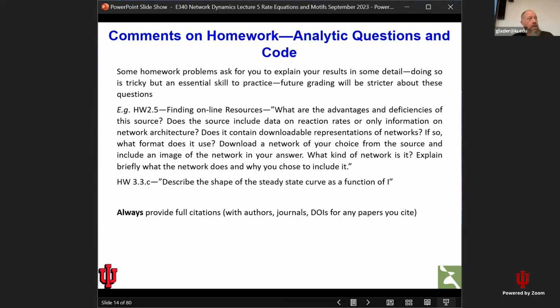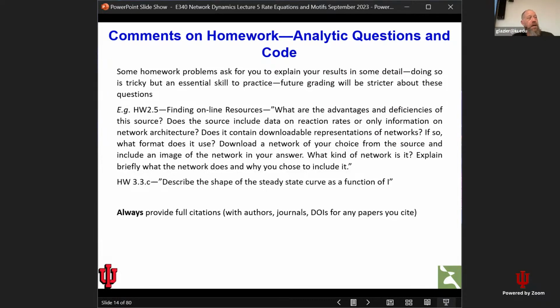So if you're talking about, say, a library of networks, you might want to talk about what are its advantages and disadvantages. It attracted your attention, so what's good about it? Is there something wrong with it? Why don't people use it more?